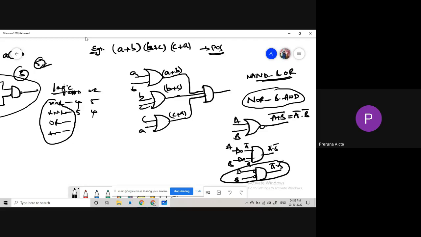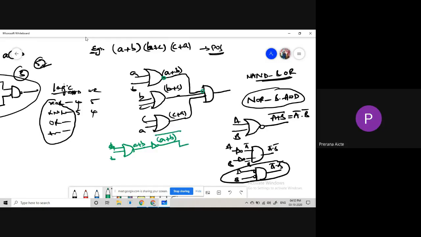If I'm taking a bubble here, and at the same time another bubble here, the bubbles will be cancelled. Taking A and B, we get A plus B, and then using a NOT gate it becomes A plus B whole bar.